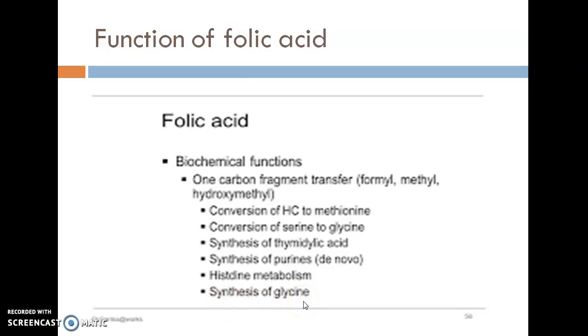So you may be finding the names like methionine, serine, glycine, histidine as new. If you are familiar with amino acids, you know that the first amino acid that gets attached is methionine, and its genetic code or nucleotide code is AUG.